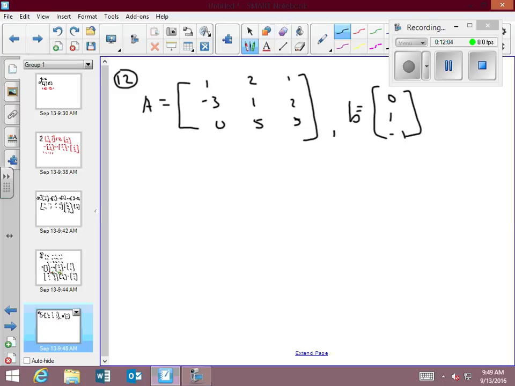And then you want to write this as an augmented matrix. So then we're going to do 1, minus 3, 0, 2, 1, 1. Is that a 5? And then the augmentation.